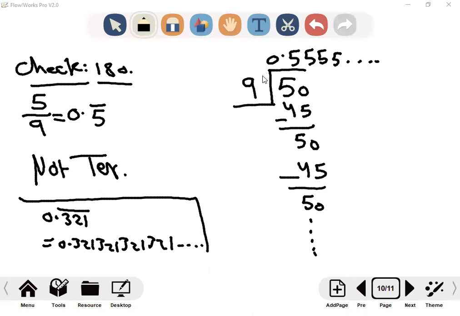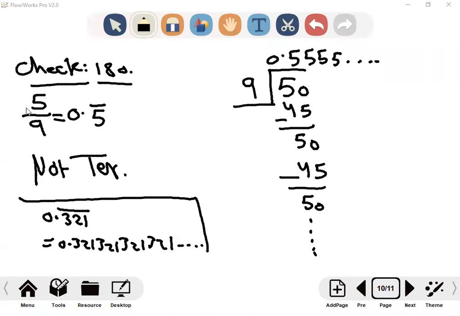Mr. Hisham, in the homework, like question 1, we need to do long division, yes?